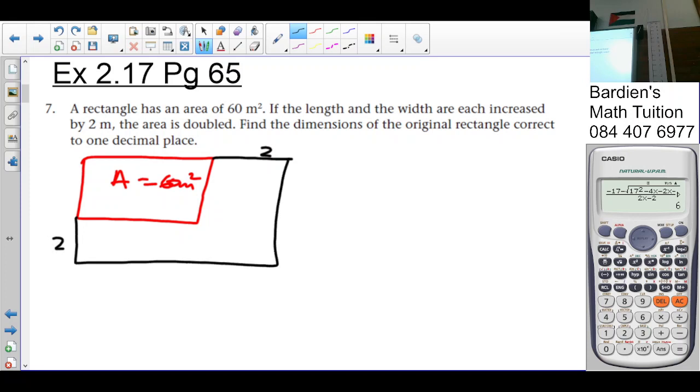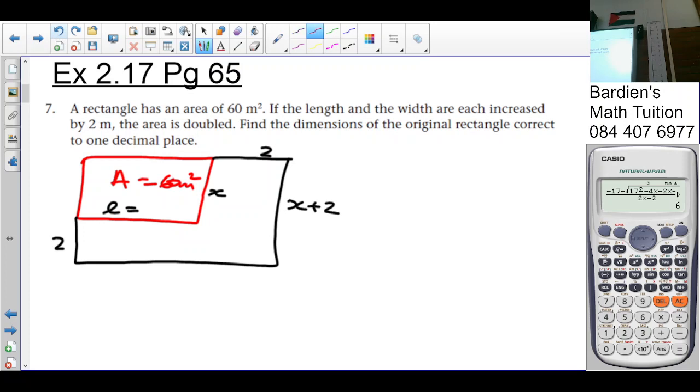So if this is x, and of course this will be y, but I'm going to write the length in terms of x. You'll see how I do that now. If this is x and that's increased by 2, then what is this length here? x plus 2. Okay, that is fine. That isn't the problem.